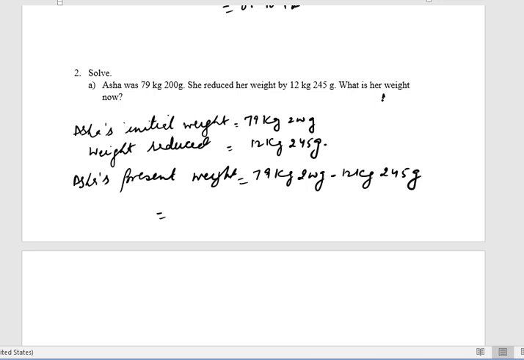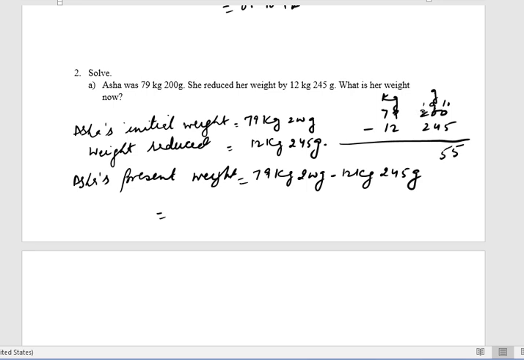If we go here, I write kg here and gram here: 79 200 and 12 245. Subtract these two. We can't subtract 5 from 0, so we will take a carry to become 10. So 10 minus 5 will be 5. It has become 9, so 9 minus 4 is 5.